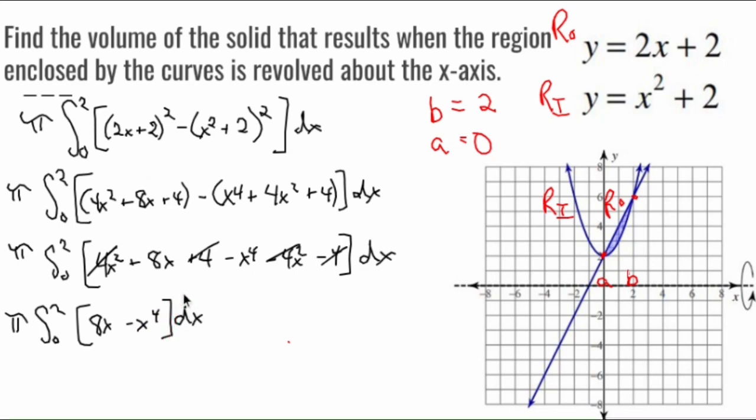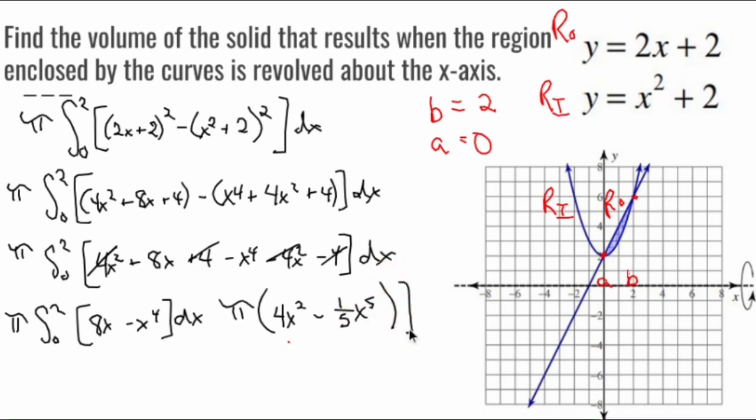dx. Once I integrate, that pi is just going to live right out there. The integral of 8x is going to be 4x squared. The integral of minus x to the 4th is going to be negative 1/5 x to the 5th.